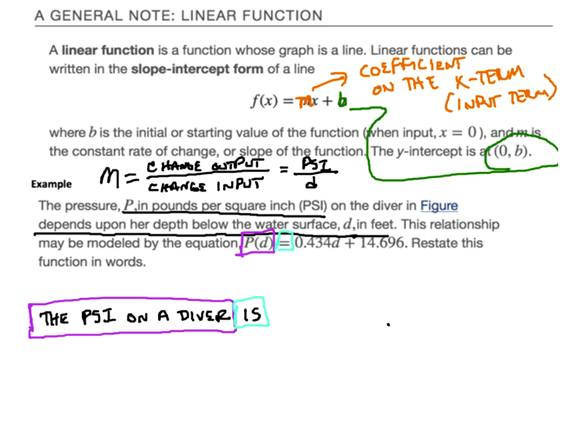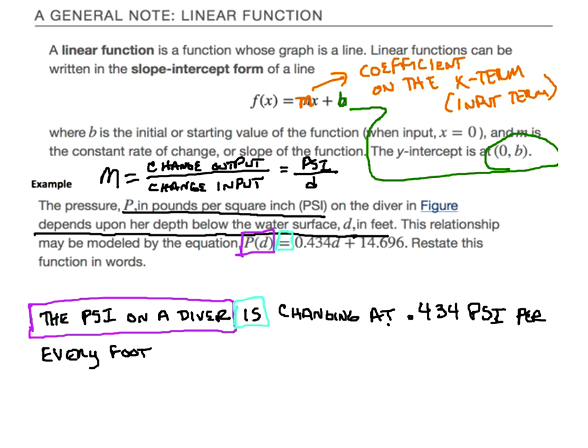So what that 0.434 says is the PSI on a diver is changing, because it's a rate of change, it's changing at 0.434 PSI per every foot of depth.